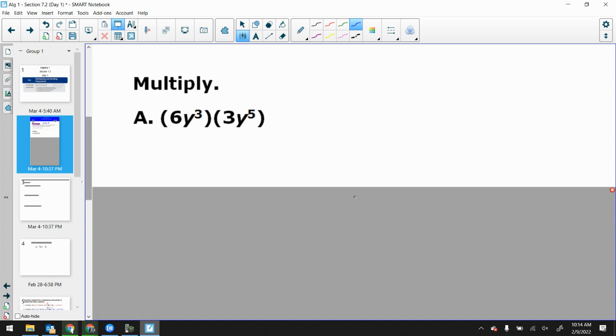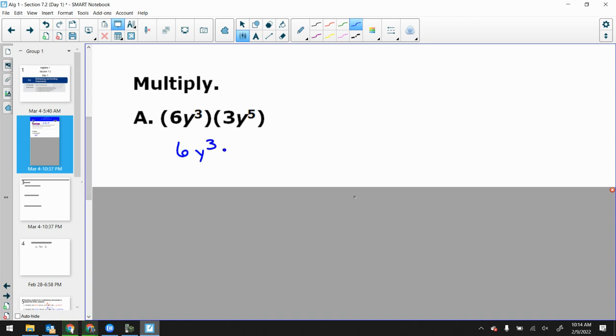No. So should there be a need to use the distributive property? No. What's the only thing those parentheses are telling you? That it's multiplication.